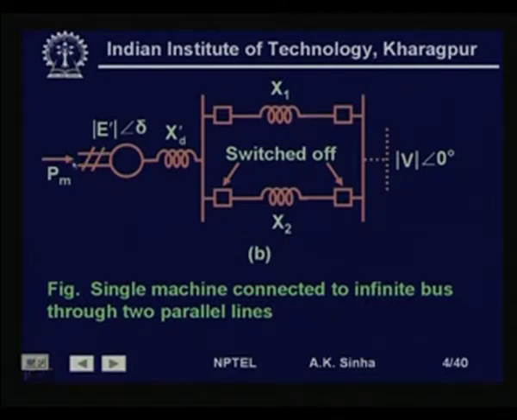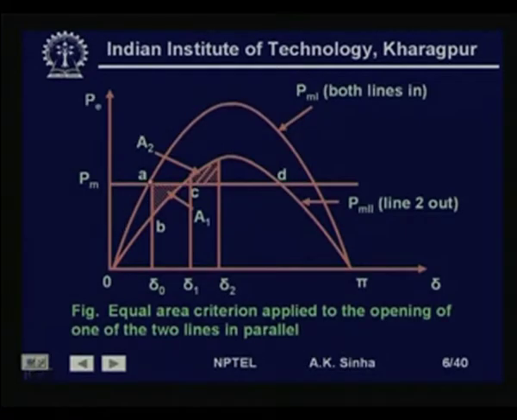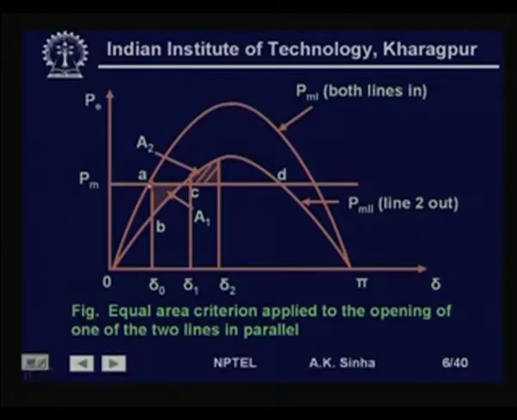So we have P m equal to P e, and therefore the initial operating point will be this point A, where delta 0 is the angle between the internal voltage of the machine and the infinite bus. Since the infinite bus voltage is taken as 0, delta 0 is the power angle of the synchronous machine, and this is the operating point.